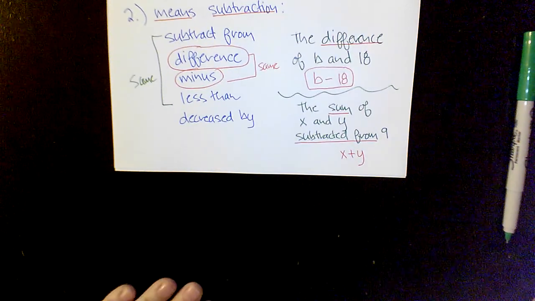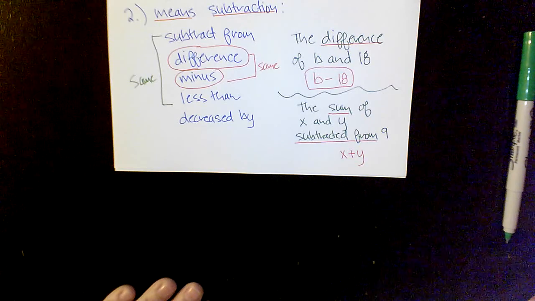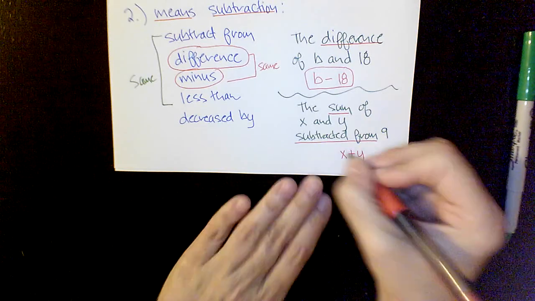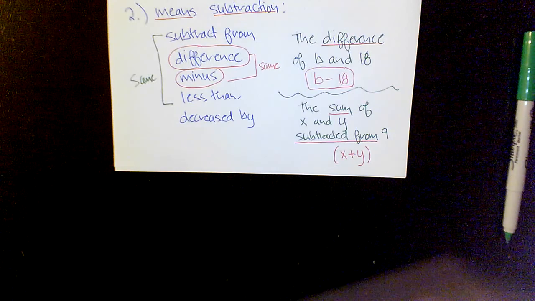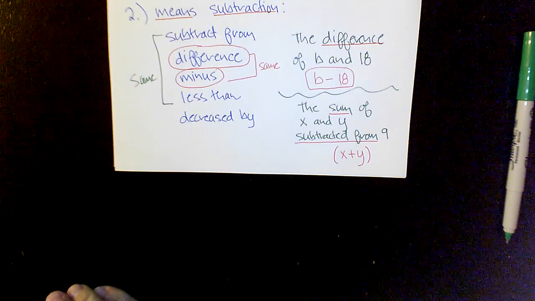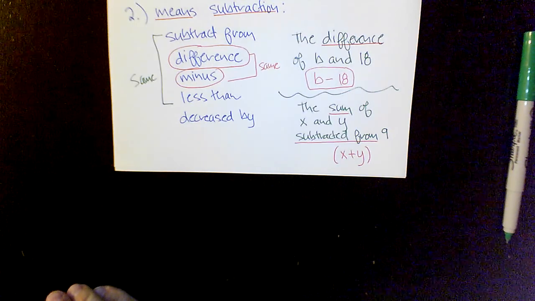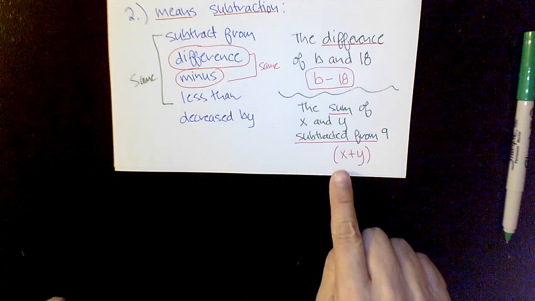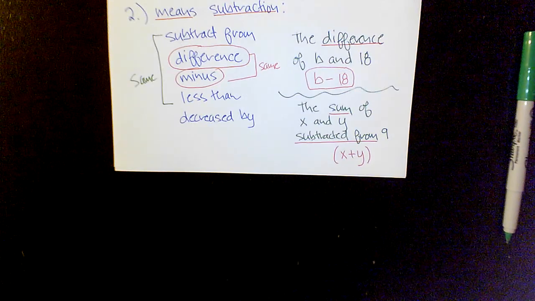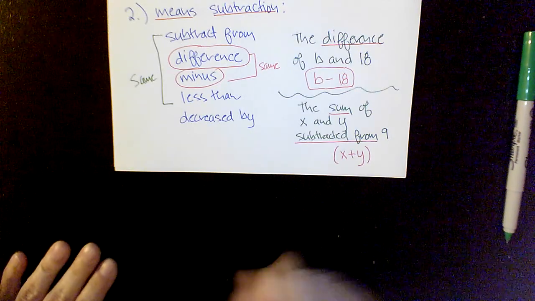Sometimes we can put parentheses around a sum. It's good to do that. We know it's x plus y, that whole quantity, the whole sum.